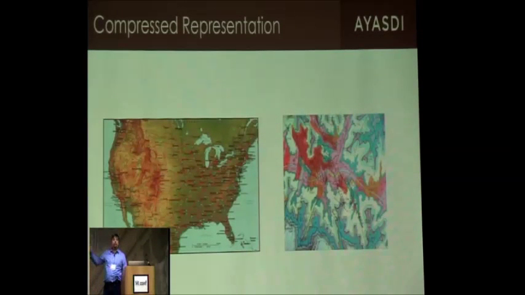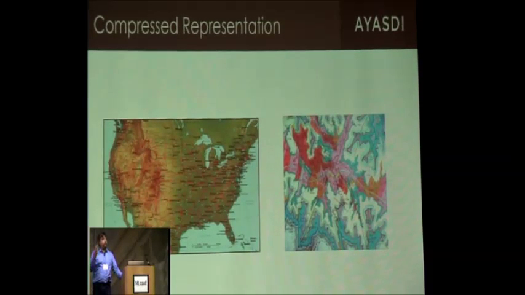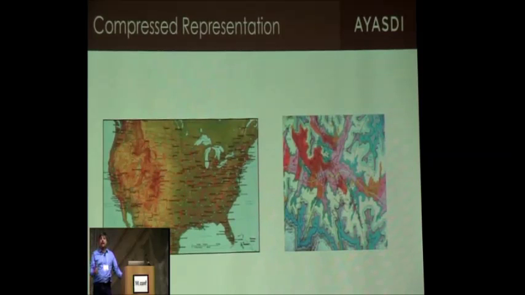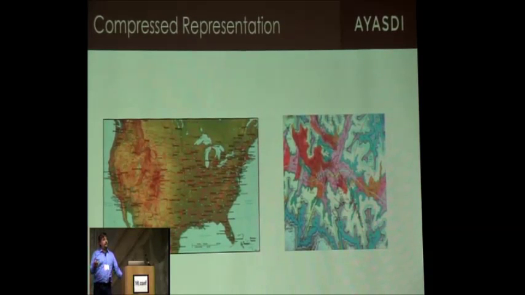So here's an example of compressed representation. Right? Two different kinds of maps are used for different phenomena. In the first case, we have a road map, right? It's this compressed representation of the country, of the US. In the second, we have a geologic map. It's a different kind of compressed representation. It's a different summary.